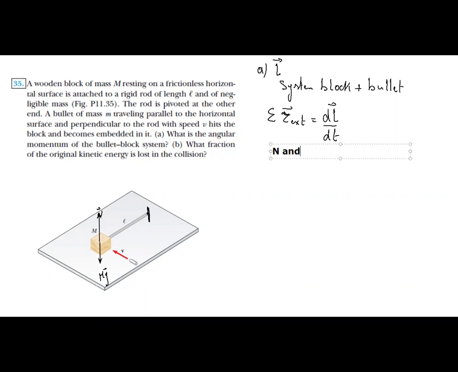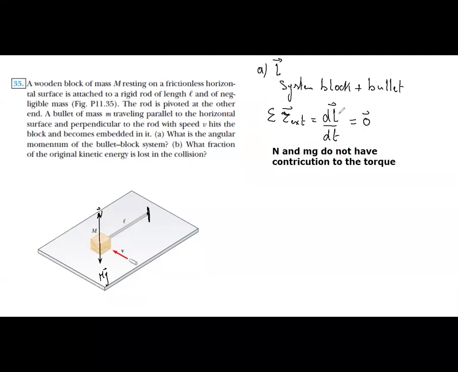N and mg do not contribute to the torque. I mean, N and mg will not help to rotate the block. In this case, tau of N and tau of mg equal 0.